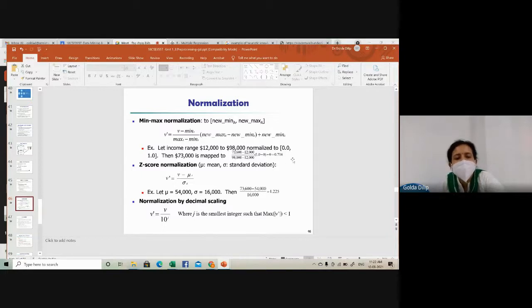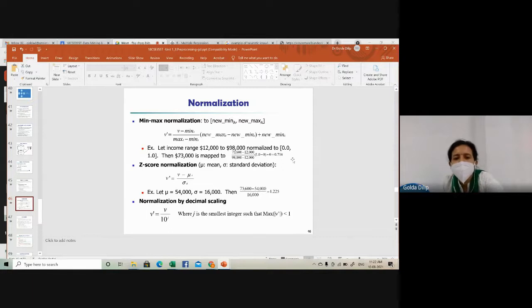When the actual minimum and maximum of the attribute are not known, you can go for z-score normalization, or in the case I just mentioned where outliers dominate the min-max normalization.